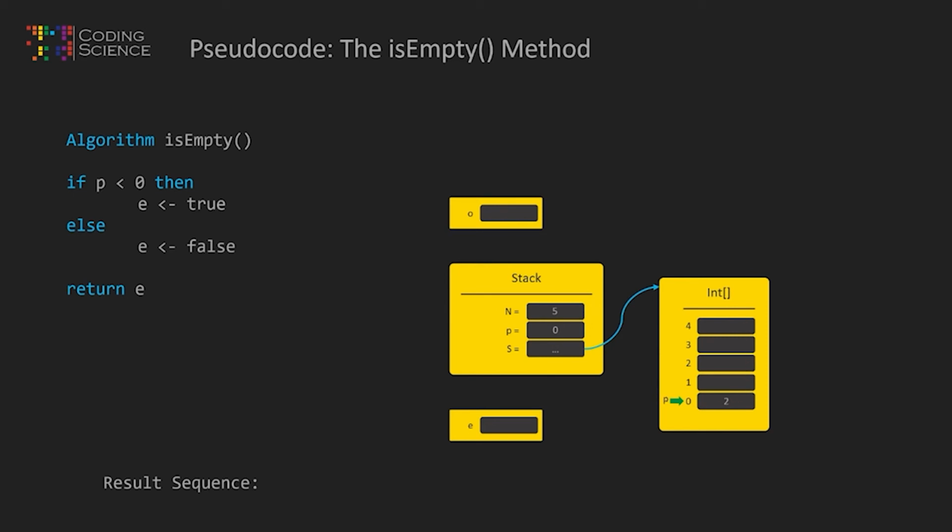So if p is inferior to 0, then it's true. But if it's not, then we go directly to the else here. We can see p is equal to 0, and then we put the false value into e here.